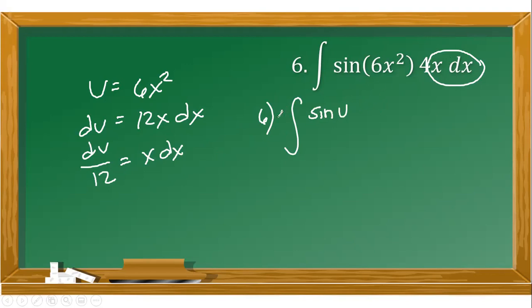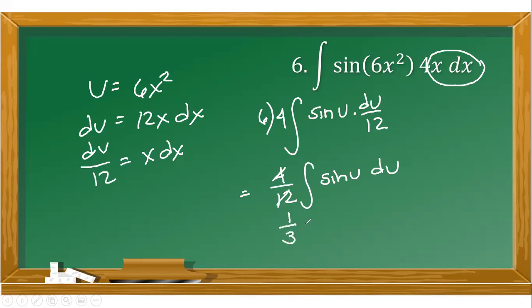So yung 4, pwedeng ilabas na natin yan. 4 times si x dx is du over 12. Okay? So ang mangyayari pala dyan is 4 over 12 integral of sine u du. Okay? So simplifying this, we get 1/3. Then integral of sine u du.